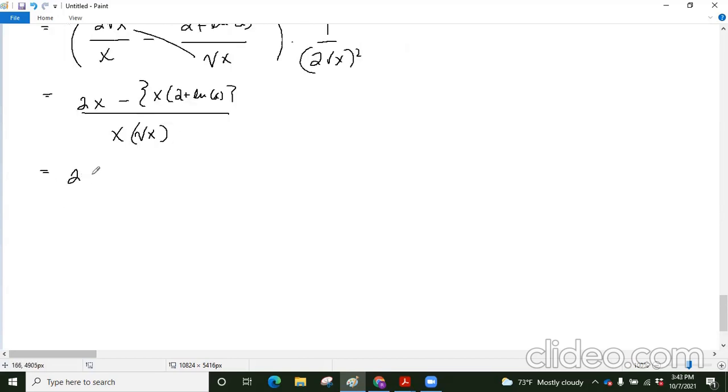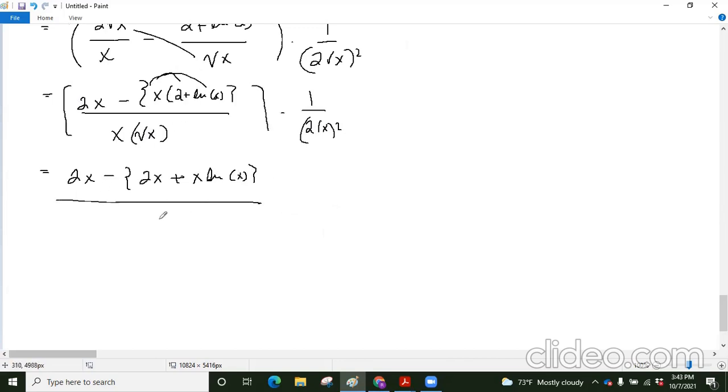And of course we have to maintain the fact that we're doing 1 over 2 under root x squared. So 2x minus, distribute, right? So 2x plus x ln of x, and then x times under root x multiplied by 1 over 2 under root x squared.